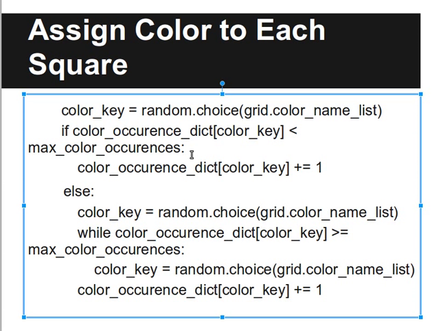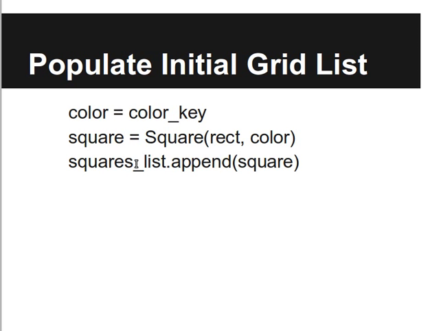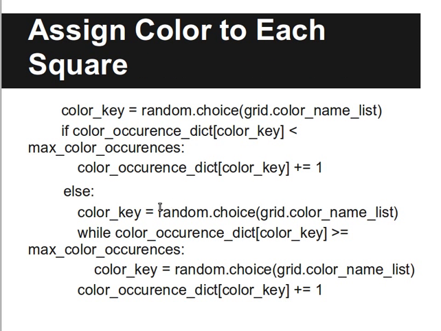So what happens if there's already 2 red squares on the screen, or 2 dark green squares? Well, if it's already 2 or more, you generate another random choice from the grid.